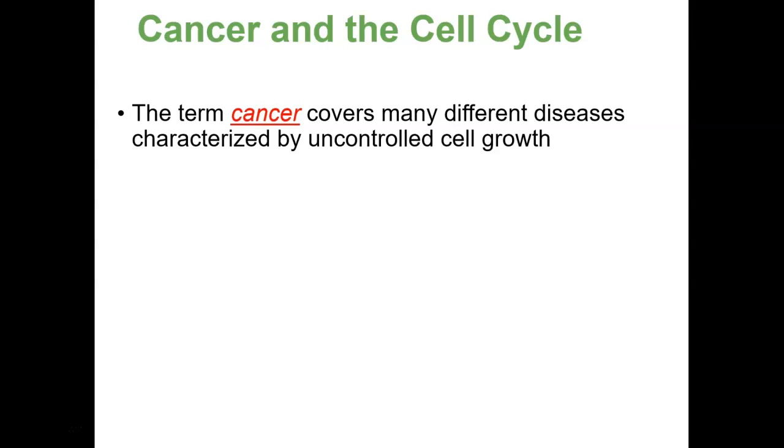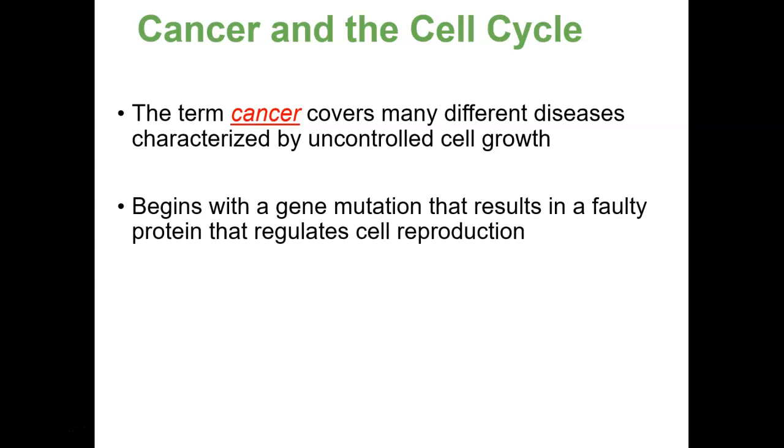So, cancer and the cell cycle. When we talk about cancer, we're talking about uncontrolled cell growth. This was one of those things I said, you need to make sure you don't have too many cells growing.